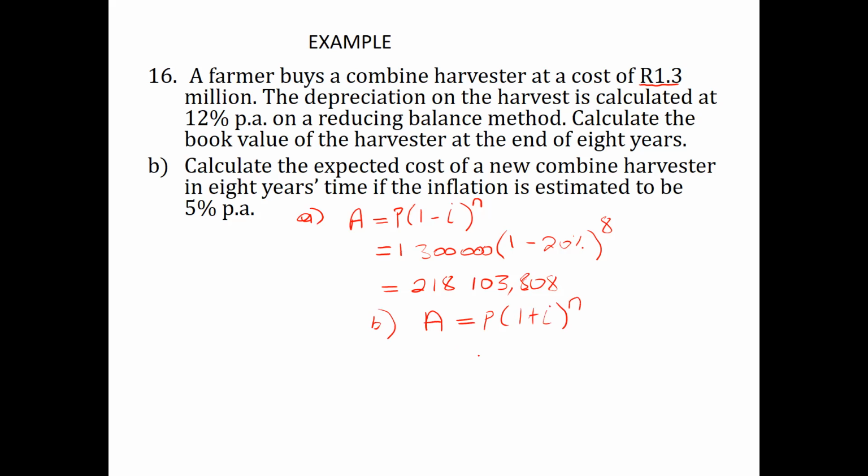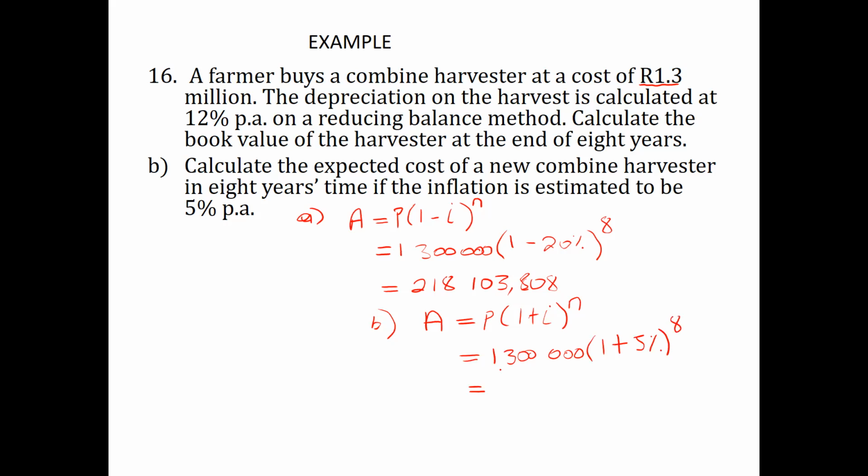Where P is simply the current value of the asset. In this case, the current value of the asset is 1.3 million. And the inflation rate is 5%, and n will simply be 8.